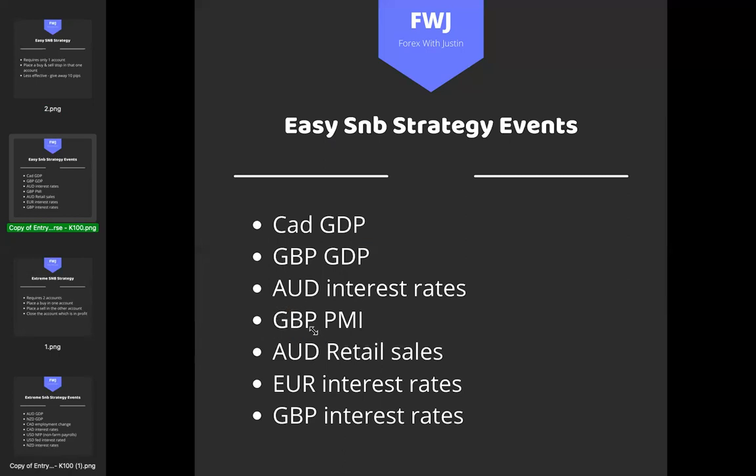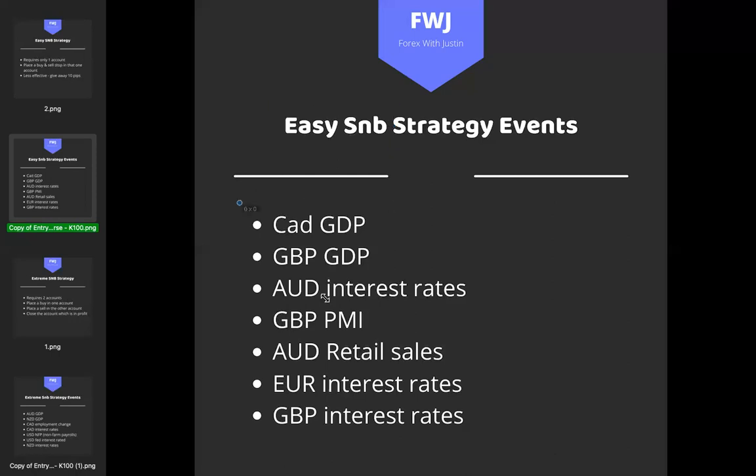So when I say GBP, just know that it's pounds we're talking about. Oh, Great Pound. Exactly, yes. Then AUD, that's Australian dollar. Euro, that's euros, obviously. Then there's GBP interest rates, and so on. It's like now there's 1, 2, 3, 4, 5, 6, 7 news events you can potentially trade with the AZSMB.